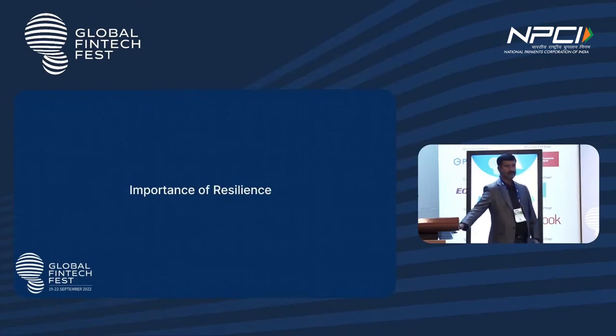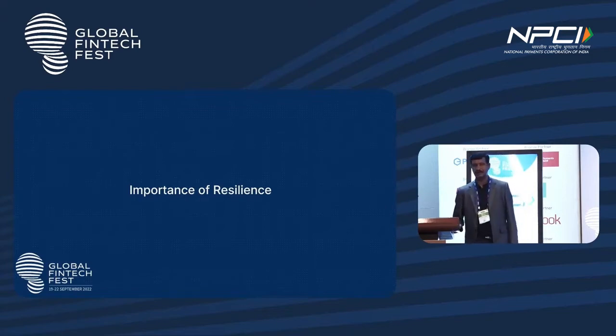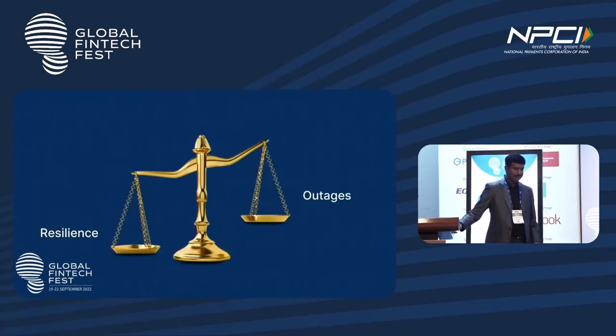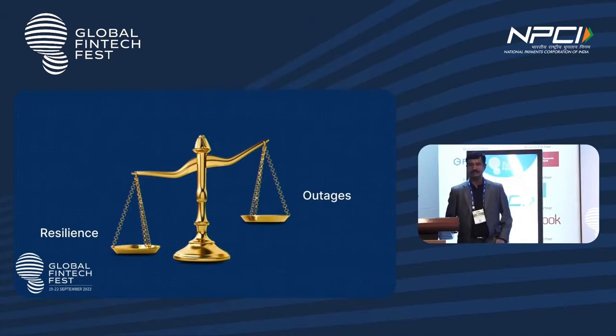So it's really important to understand what is resilience or reliability in very common terms. It's not rocket science. People talk about resilience or reliability in many different ways. One of the ways to talk about resilience is to relate it with outages.